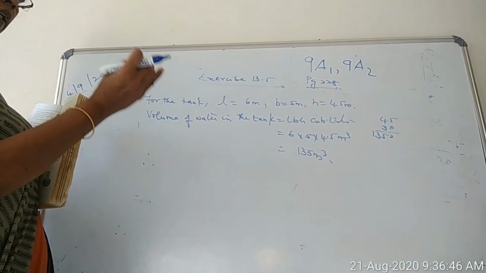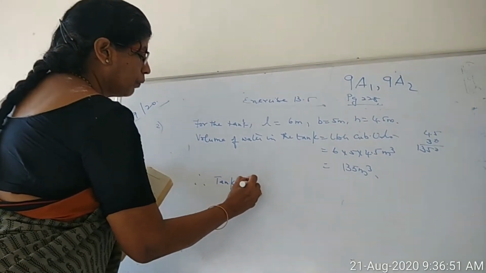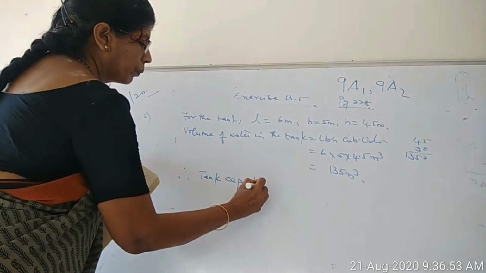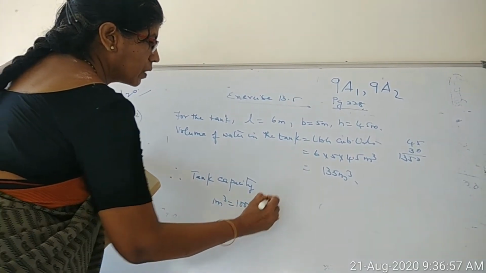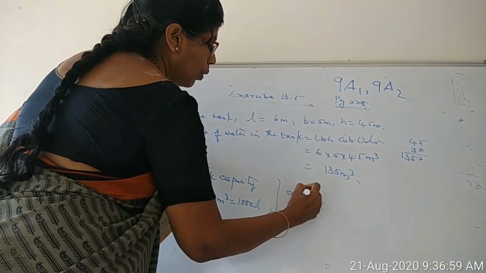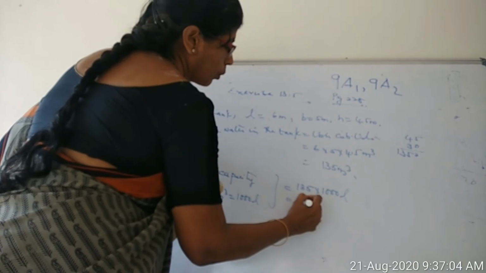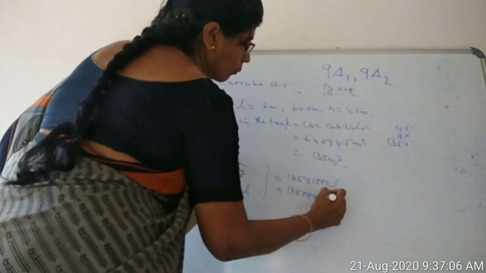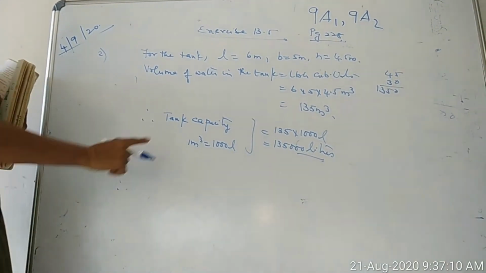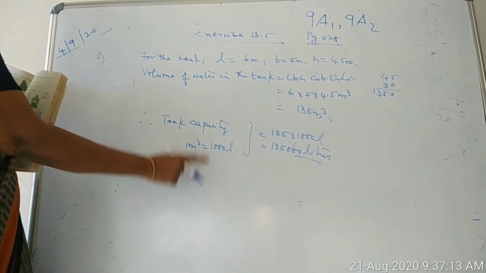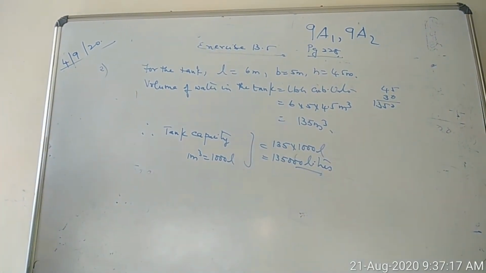Capacity will always be in liters. Therefore, tank capacity: 1 meter cube is equal to 1000 liters, so 135 into 1000 liters. Capacity units will be in liters. 1 cubic meter is equal to 1000 liters.